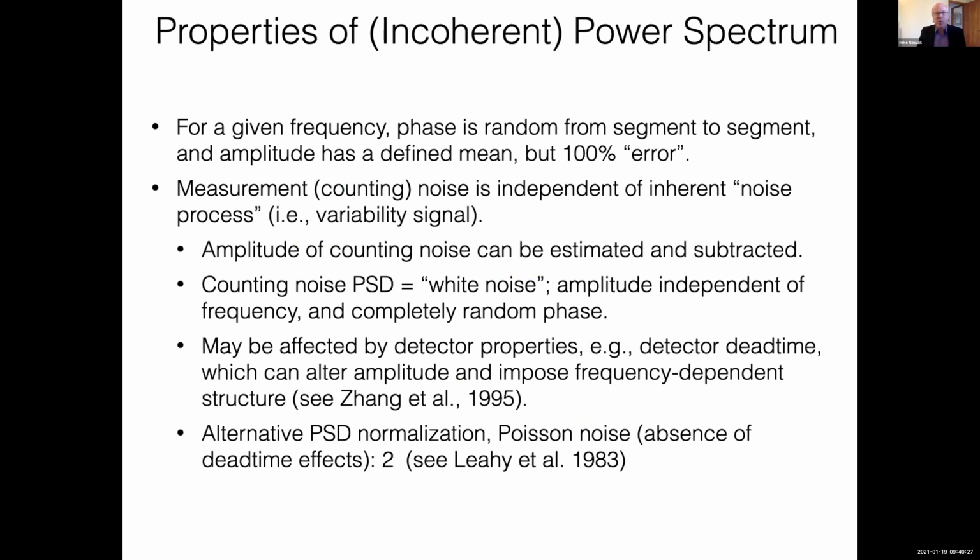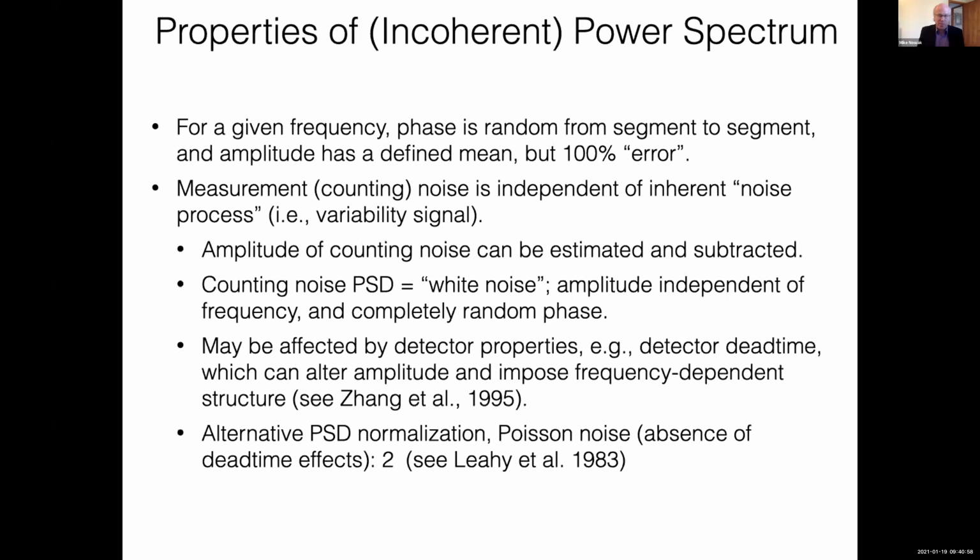So the properties of incoherent power spectra are that for any given signal segment we do, at a given frequency for that power spectrum, this is a complex quantity. It has an amplitude and a complex phase. The phase is completely random for each individual frequency bin and each individual segment, but the amplitude has a very well-defined mean at a given frequency.